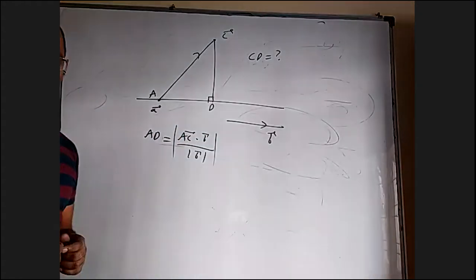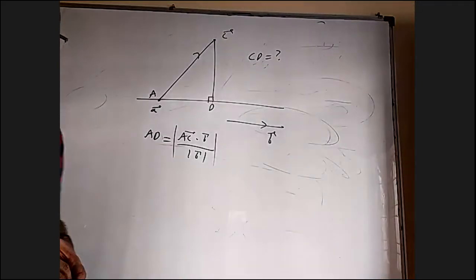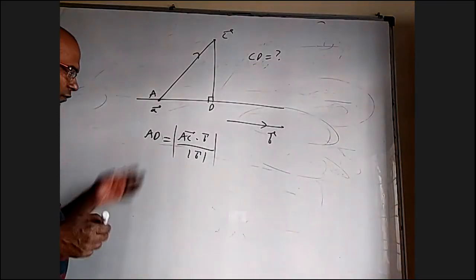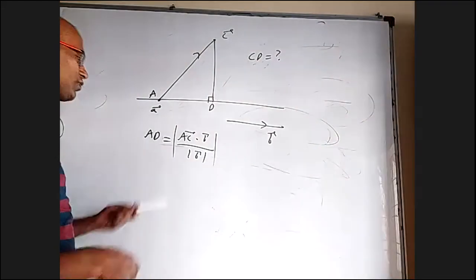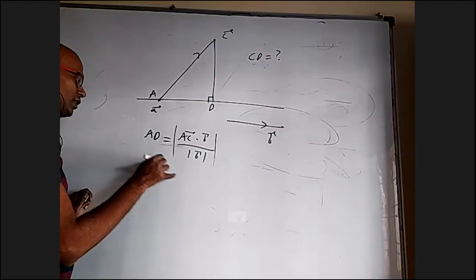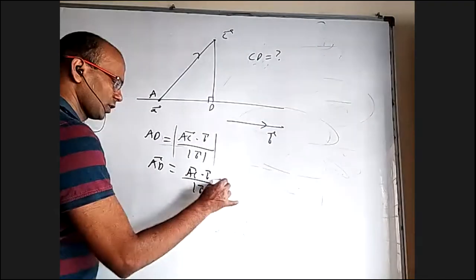This is AD. After that, find AD bar, sir. Okay, fine. AD bar is equal to AC bar dot B bar by mod B bar square into B bar.